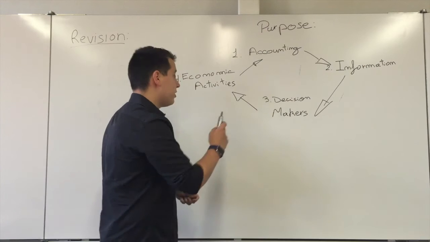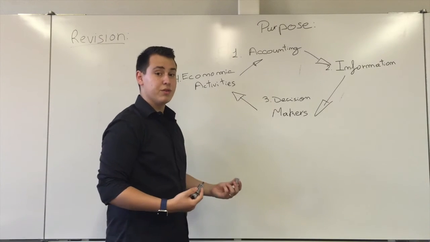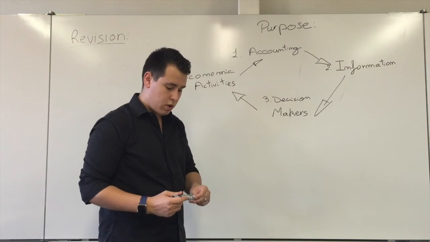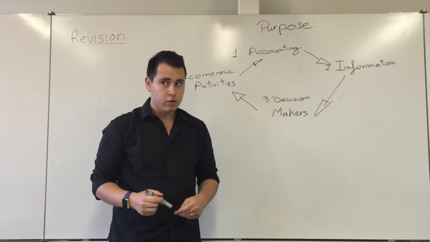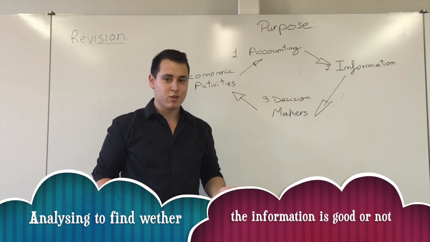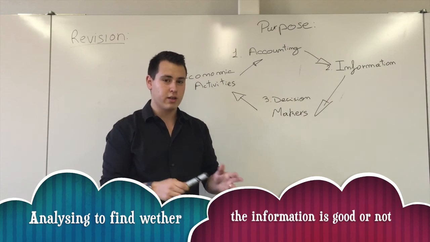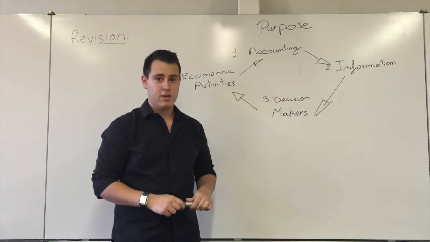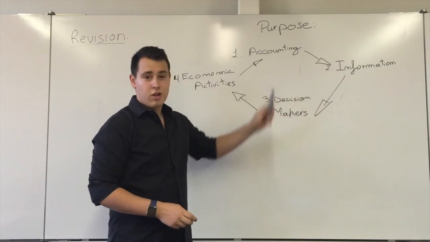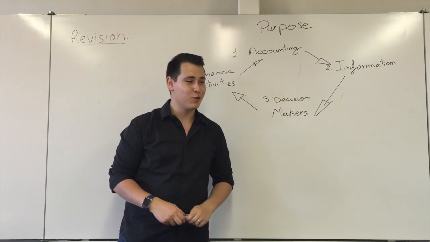And that is why we talk about accounting. And this is very important for you in the project to know why we are analyzing these two companies. Why are we checking these ratios? Why are we taking this, like this? Because of the purpose of financial accounting.